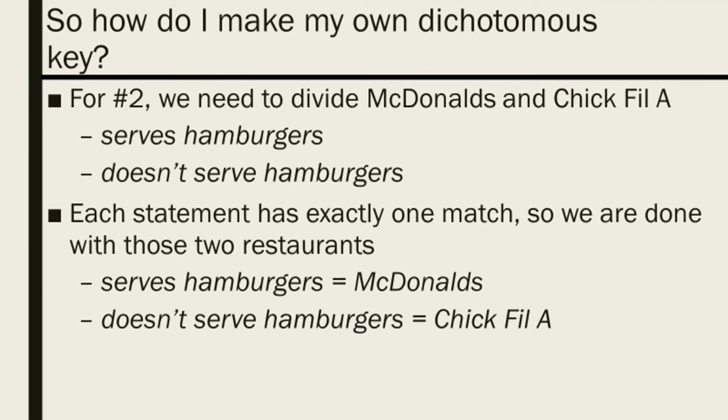So for 2, we need to divide McDonald's and Chick-fil-A. We can say just one serves hamburgers, because McDonald's serves chicken and hamburgers, but Chick-fil-A doesn't serve hamburgers. So there's our easy division right there. We're going to break it down into serves hamburgers and doesn't serve hamburgers, and each statement has exactly 1 match.